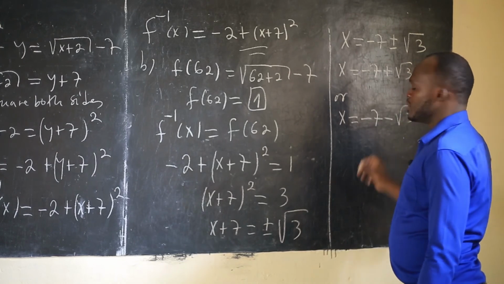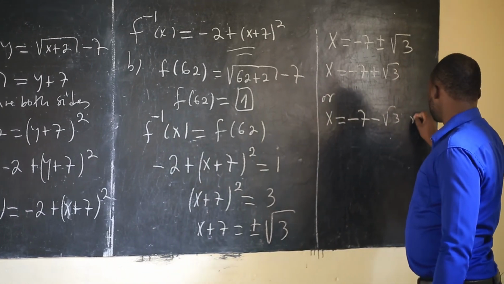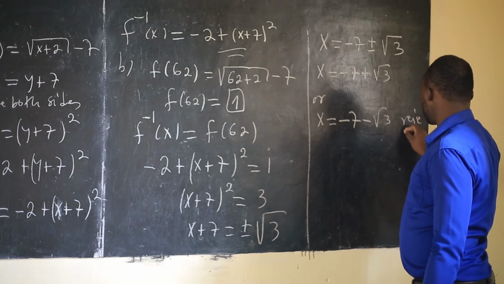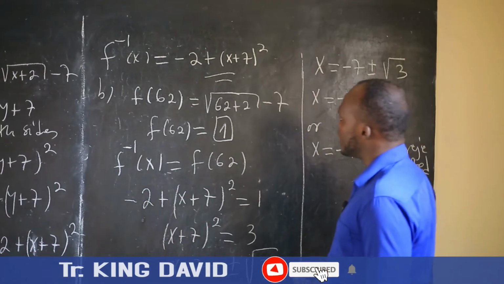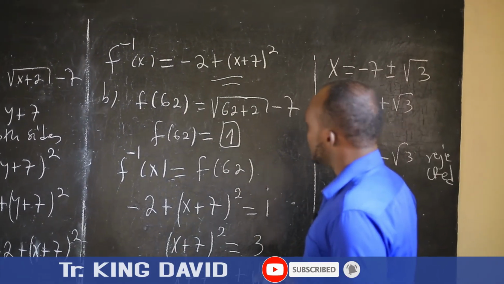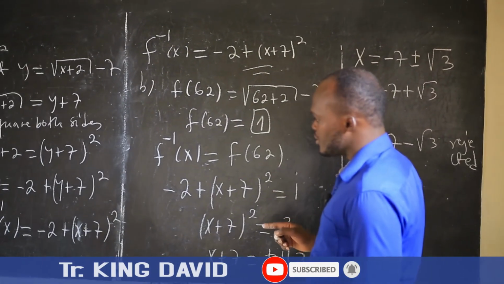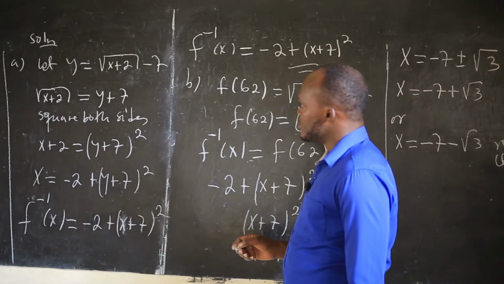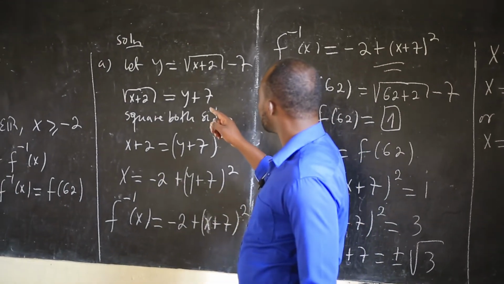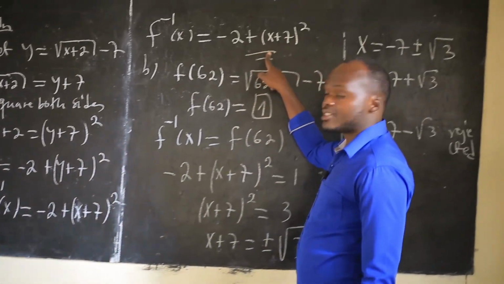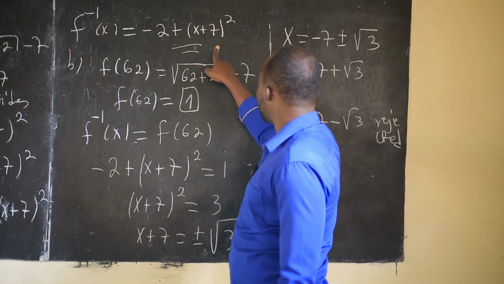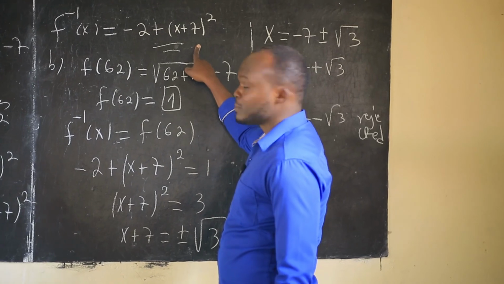But this one will be rejected because when you come here to the domain of the inverse, x must be greater than negative 7.